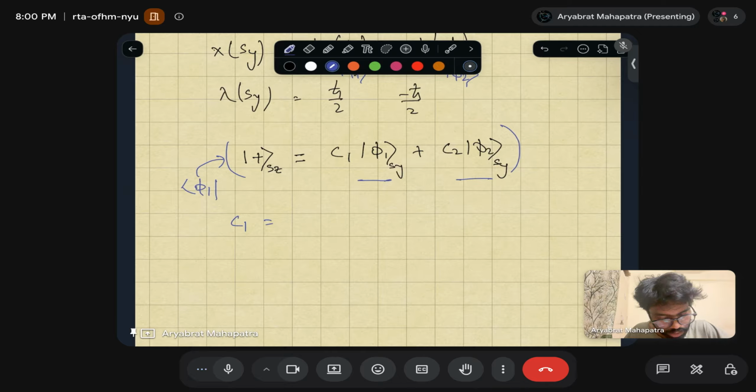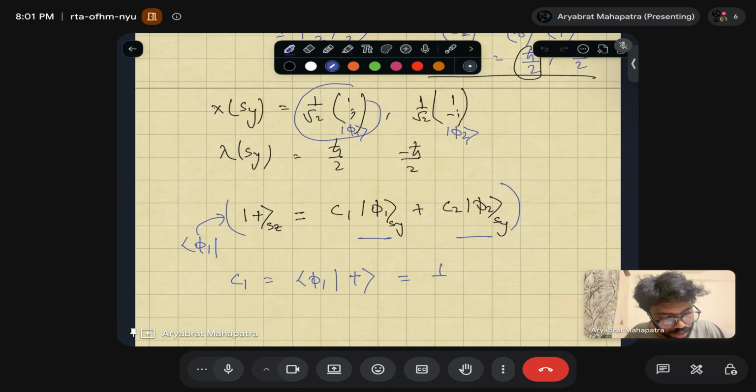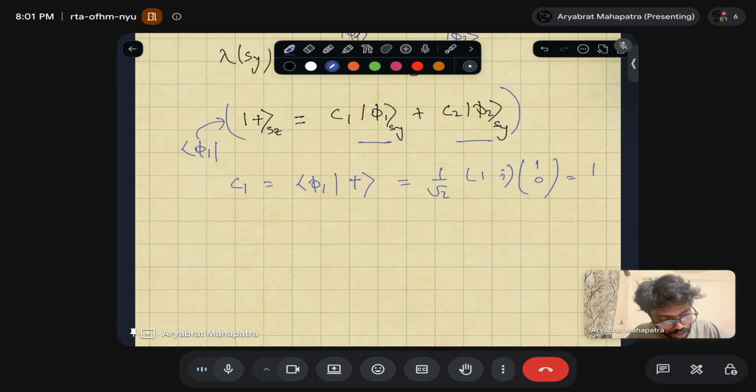So if I take the inner product of phi 1 and plus, then phi 1 is, as I said, this. So 1 over square root 2, this will be the transpose (1, i), and then (1, 0) is your plus. So this will give you 1 over square root 2. And again for c2, if you take phi 2 with plus, you will get 1 over square root 2 (1, i).